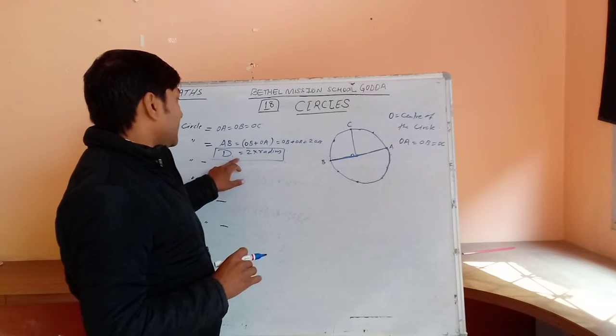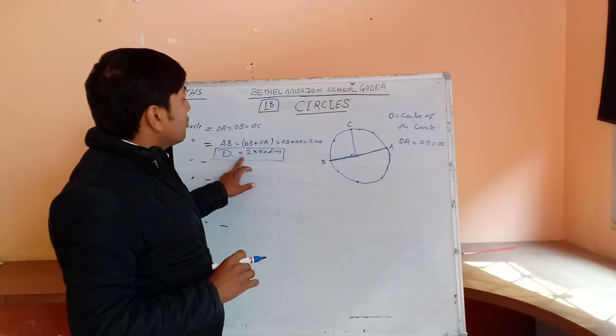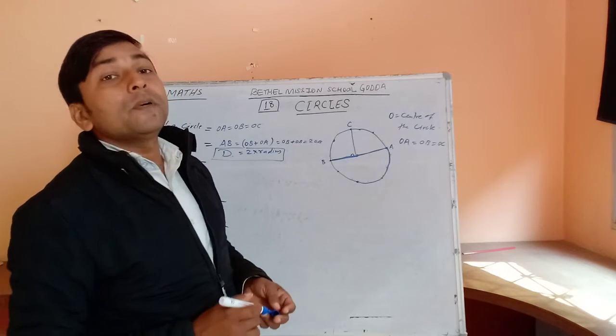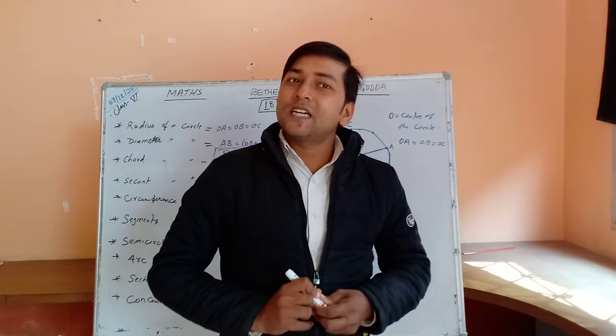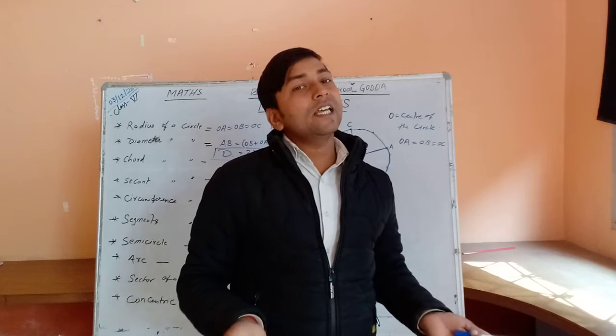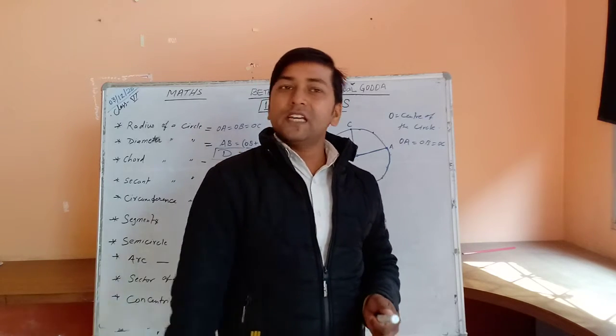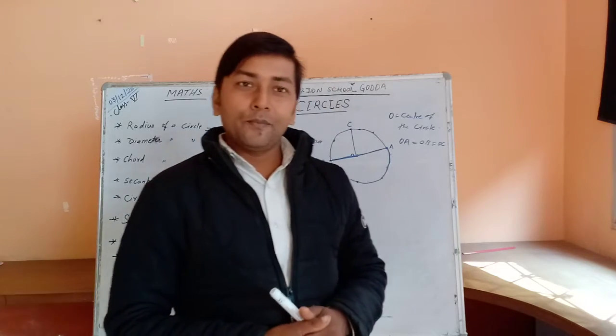If the diameter is 10 centimeter, then the radius is 5 centimeter. If the radius is 3 centimeter, then the diameter is 2 times 3, that is 6 centimeter. I hope you got it.